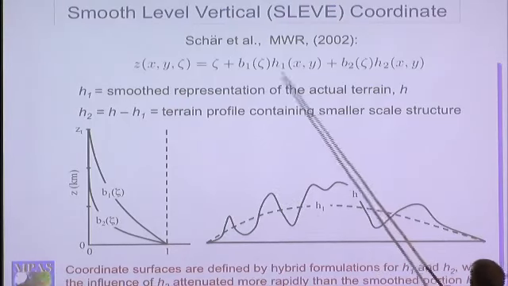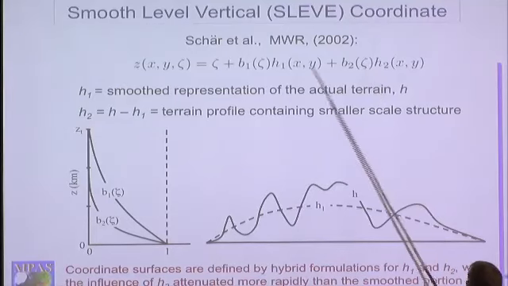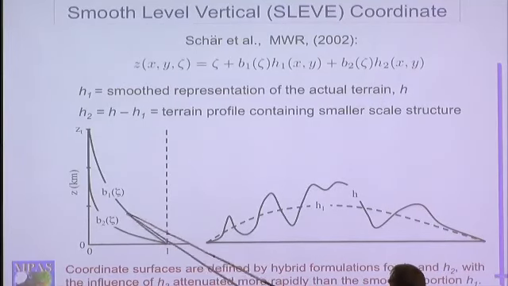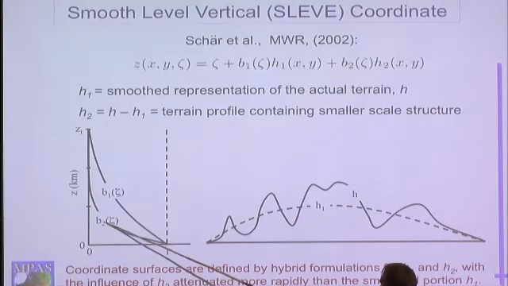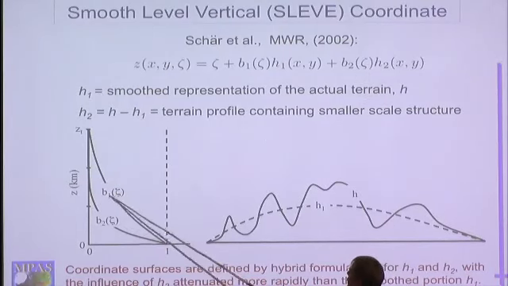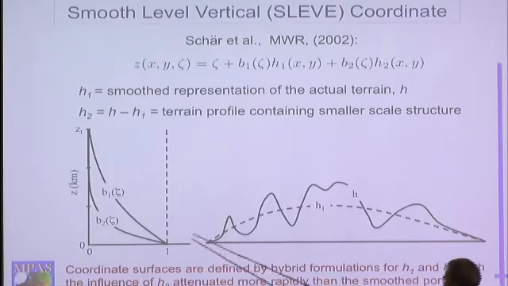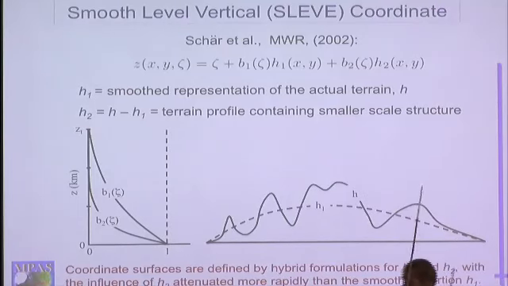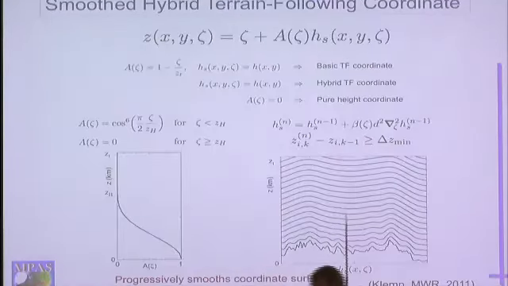A traditional hybrid coordinate is then applied to each of those two pieces, except now, as you can see over here, the attenuation profile is removing the influence of the smaller scale part, the h2, more rapidly with height than this smooth portion, which is attenuated more slowly. So it's broken into two pieces and damping the smaller one more rapidly.